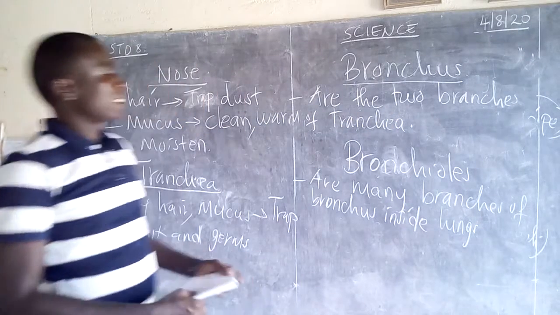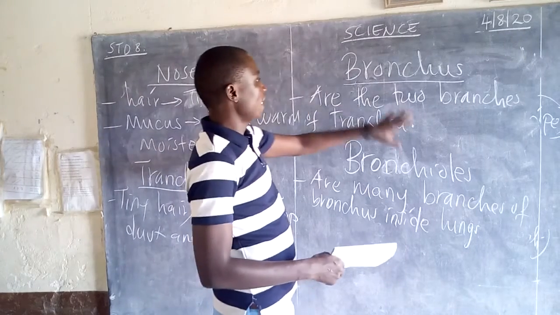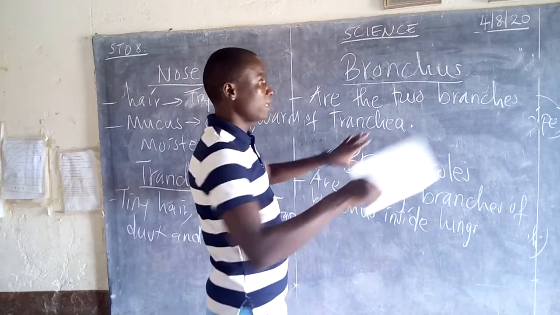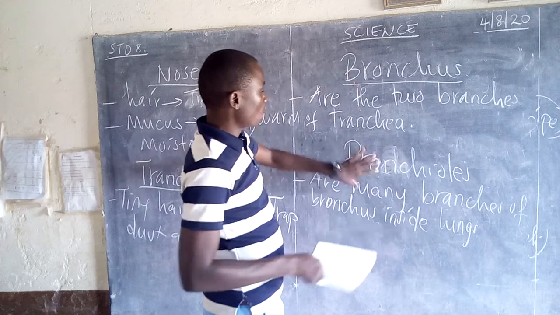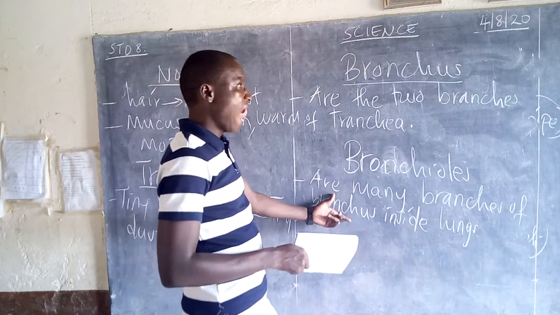Bronchus, when it enters the lung, it breaks into so many branches, and these branches are called the bronchioles. Where are the bronchioles located? The bronchioles are located inside the lungs.